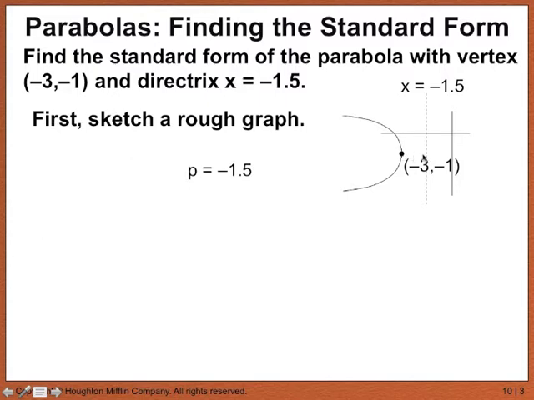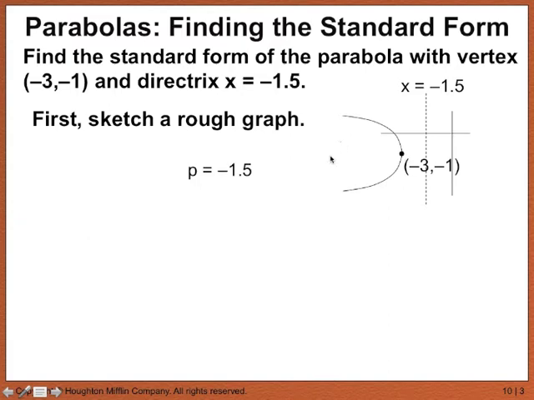So the distance of the directrix to the vertex is 1.5, and therefore, since every point on a parabola is equidistant from a directrix and a focus, the distance from this vertex to the focus, which I haven't drawn yet, must also be 1.5.